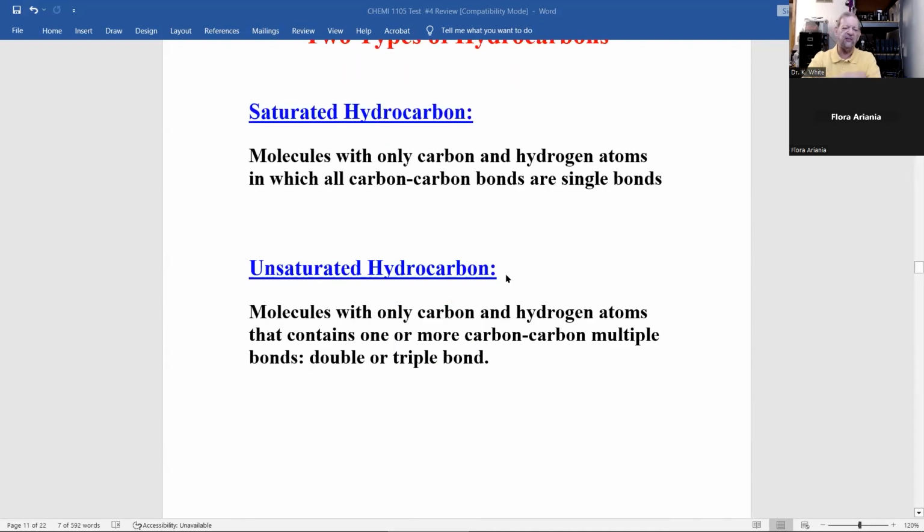Unsaturated hydrocarbons are molecules with carbon and hydrogen atoms, but because they're unsaturated, they have at least one carbon-carbon multiple bond, called a double bond or a triple bond. By the way, Mother Nature never did triple bonds, but she did a lot of double bonds and single bonds.